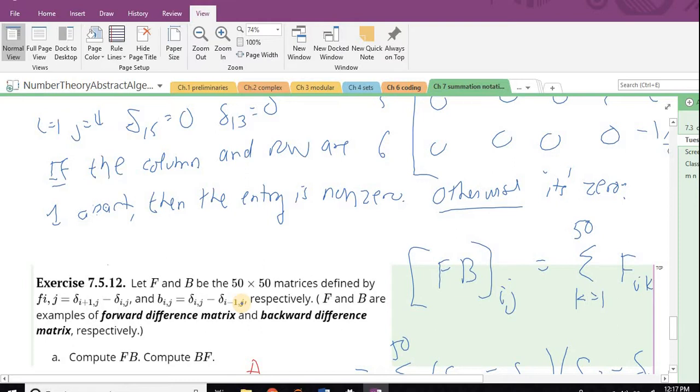All right. So if you want to get an idea of what's going on, and you know how to matrix multiply, it might be a good idea just to write out what these matrices look like. So let's see what Fij looks like.